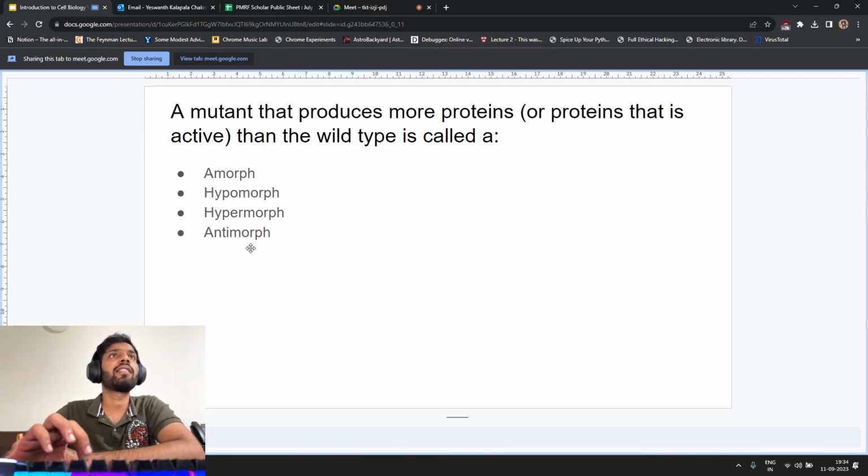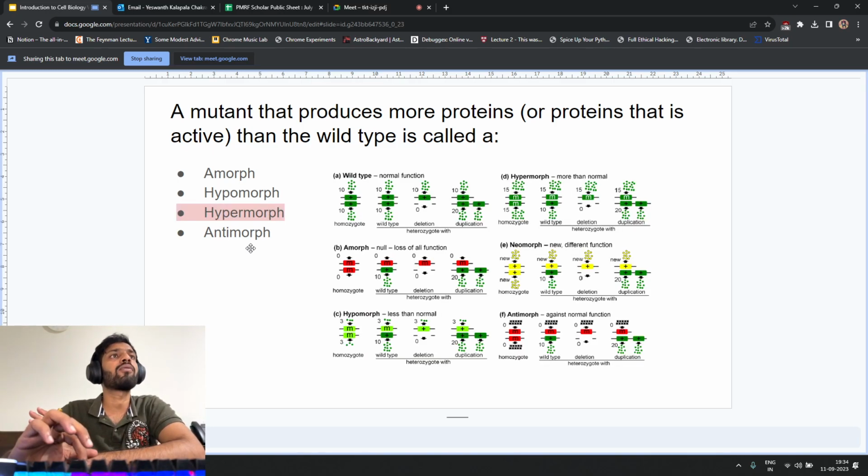In this case, they're asking if a mutant produces more protein, then what would it be? It would be a hypermorph. If it produces no protein, it will be amorph. If it produces less protein, it will be hypomorph. If it produces a completely new type of protein, it will be neomorph. And if it produces a protein that prevents or inhibits the action of the wild type protein, then it will be an antimorph.